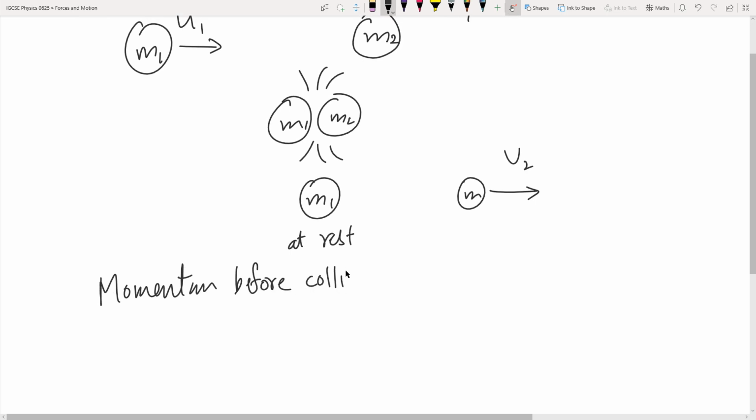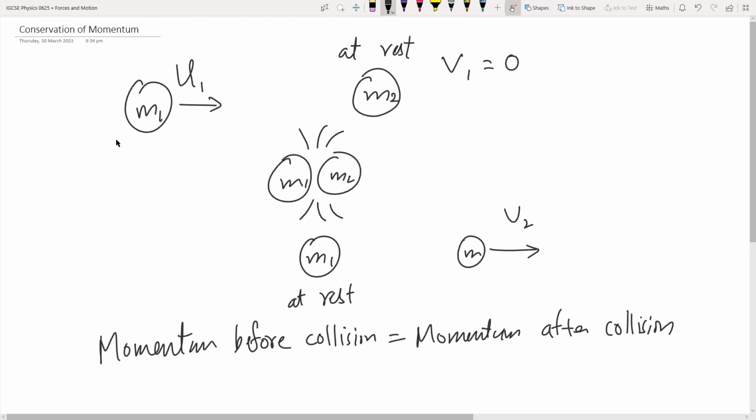before collision should be equal to momentum after collision. Now the sum of the momentums for the initial case should be equal to the sum of momentums for the final case. So this is before, and this is after.